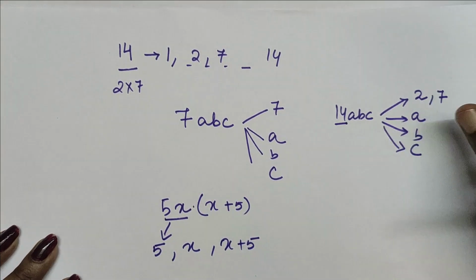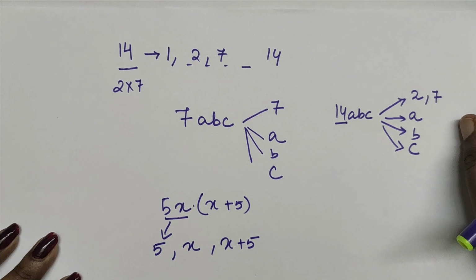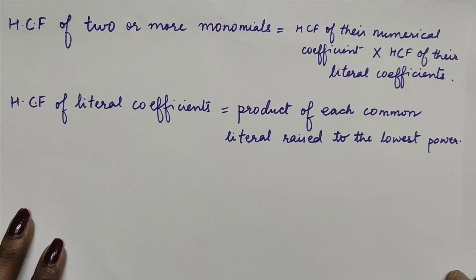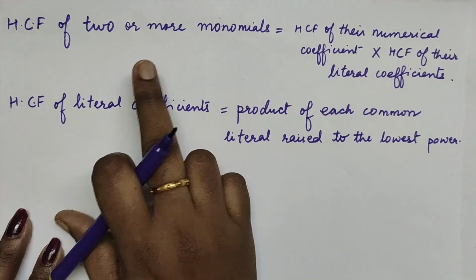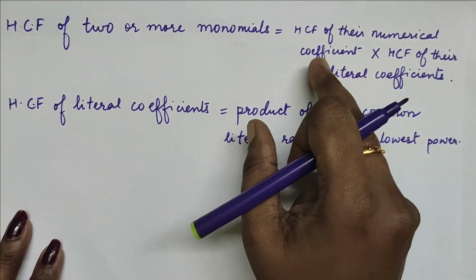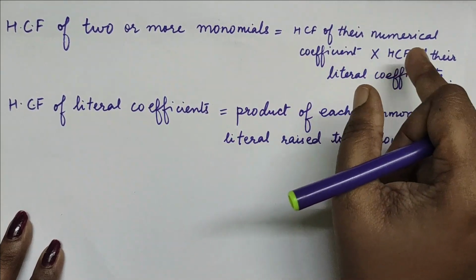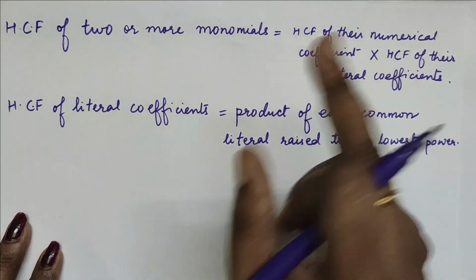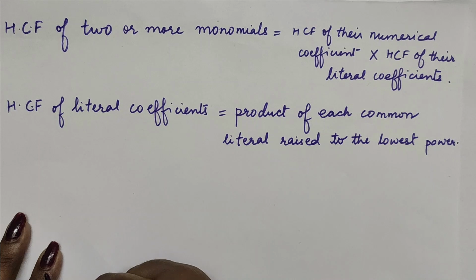Now, after understanding the basic concept of factors, let us know what the highest common factor is. The HCF of two or more monomials can be expressed as the HCF of their numerical coefficients multiplied with the HCF of their literal coefficients. And what is the HCF of the literal coefficients?